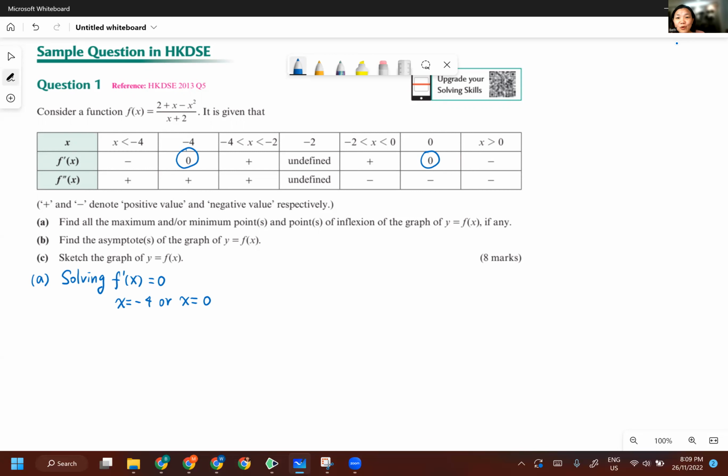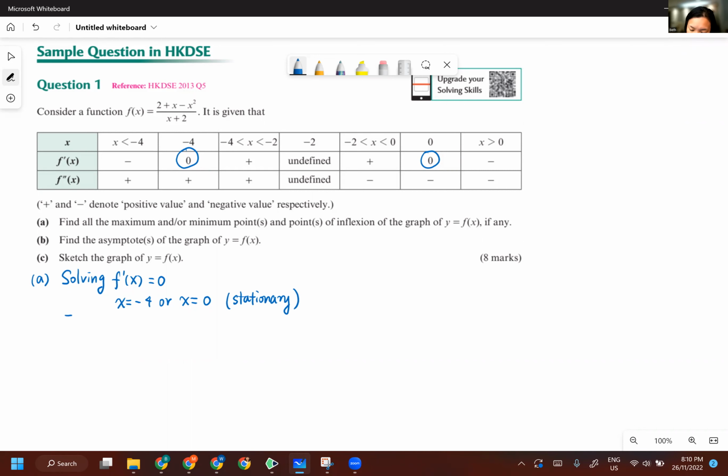Right now, before the test, I don't know what test you're going to use, but before the test, they should be called stationary points. So do not use the term wrong. Stationary points. So these are stationary points. Okay. And then let's do the test.